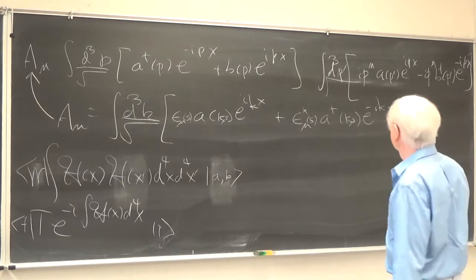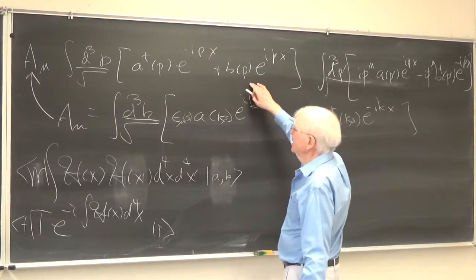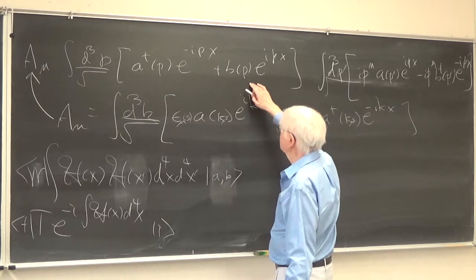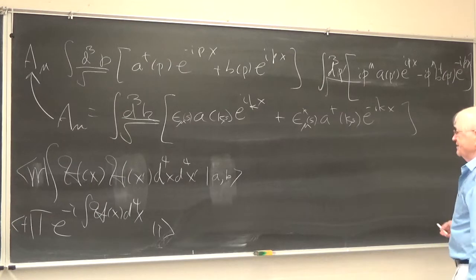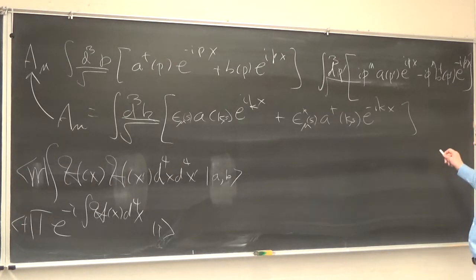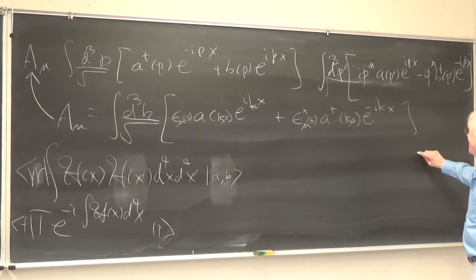And the way this happens is, in this interaction Hamiltonian, let me draw the Feynman diagram just to make things easier for myself. What it'll look like is actually this.